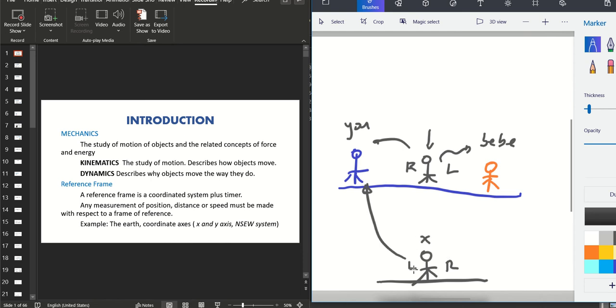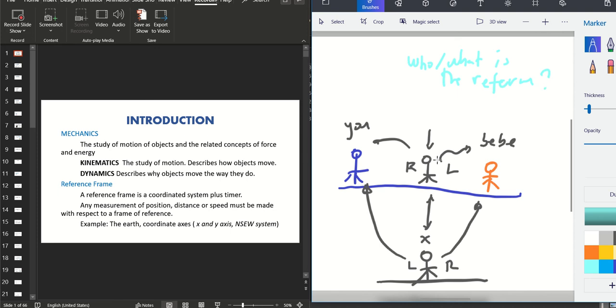Mr. X. This means that to Mr. X, left is you, and Mr. X's right is your bebe. And, of course, front side, right. So, all you need to remember is who or what is the reference.